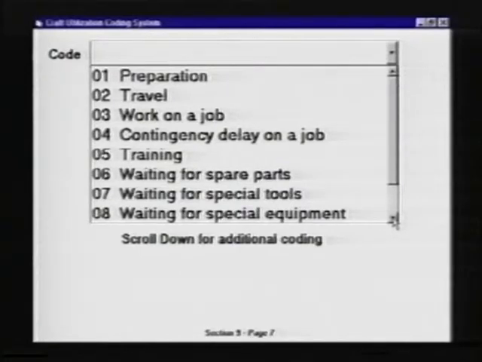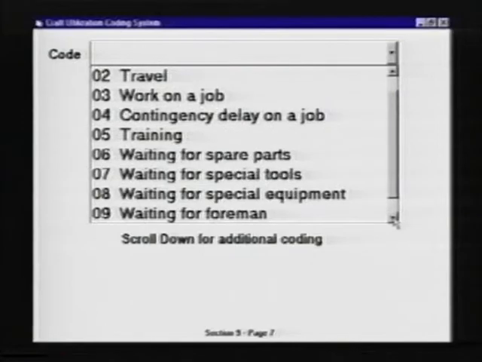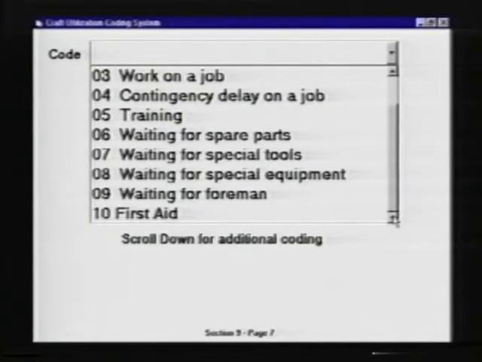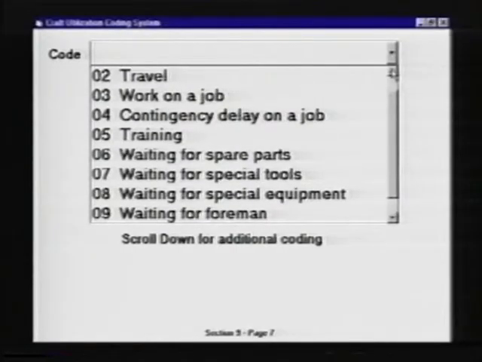Then the other activities from 05 training and down through the balance of the different codes and their activities that are shown on page 7 and likewise on this screen format are tailored to meet your own management reporting criteria.